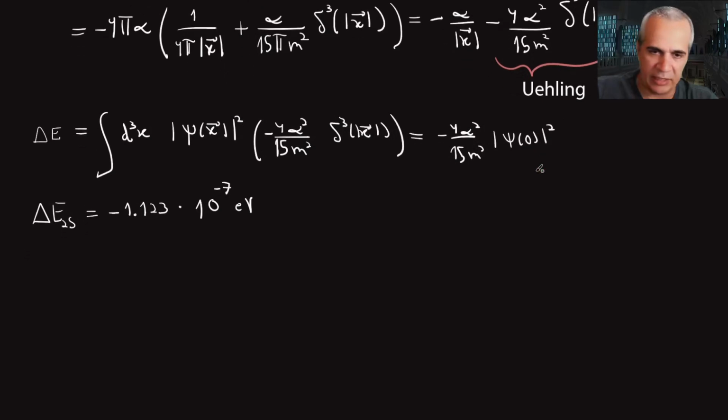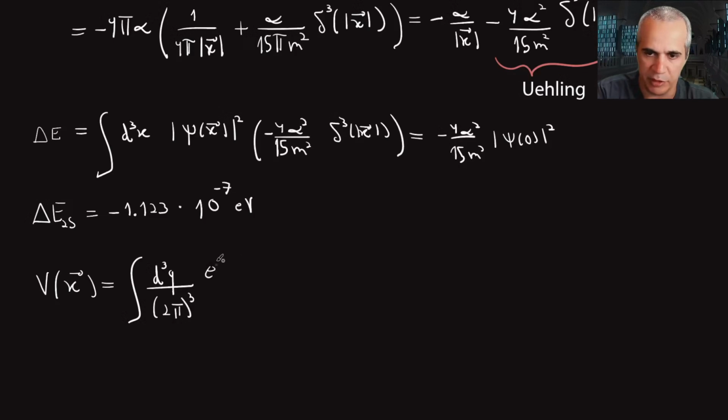In order to do that, let's write the non-relativistic potential again as the Fourier transform in 3-momenta q, the integral d^3q over (2 pi) cubed, exponential of i q x.